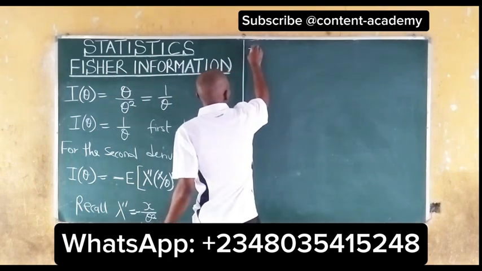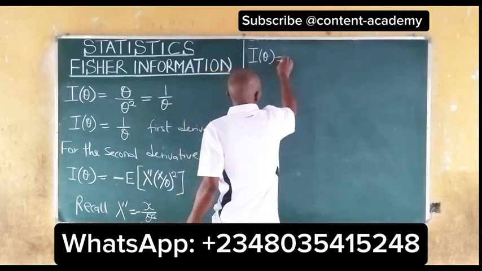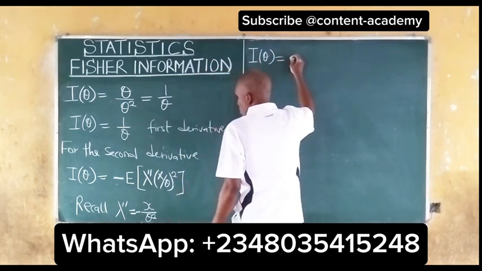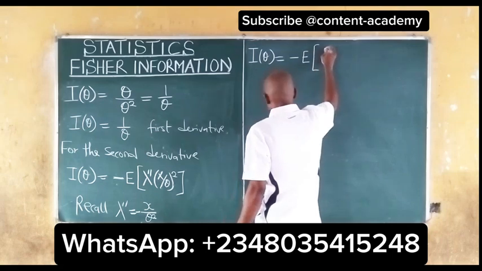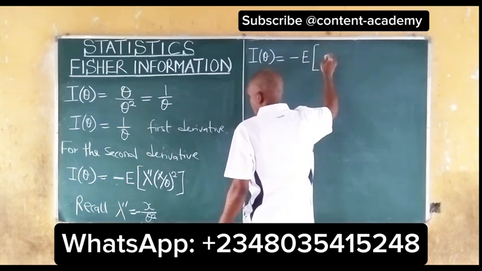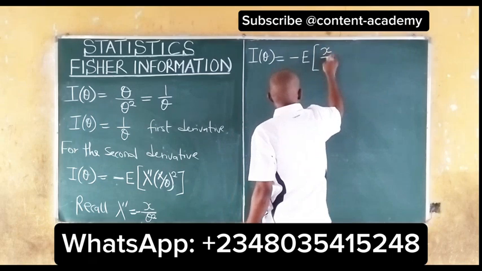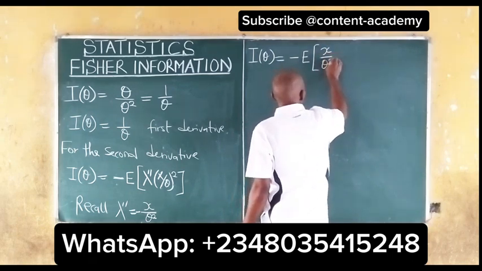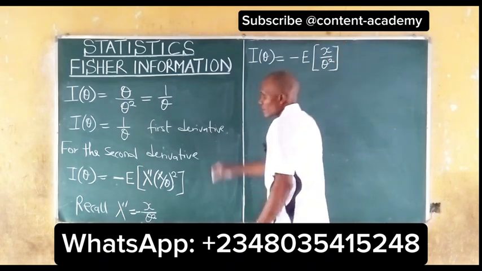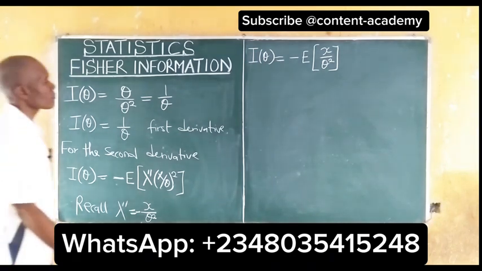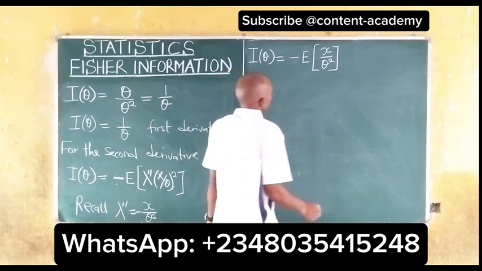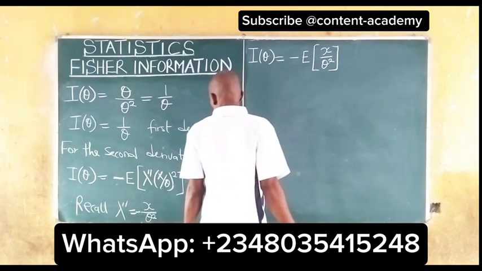So it then means that our Fisher information is equal to negative expectation of x all over theta squared. That is what we got.